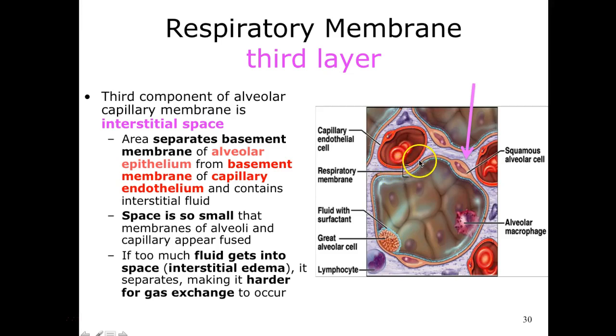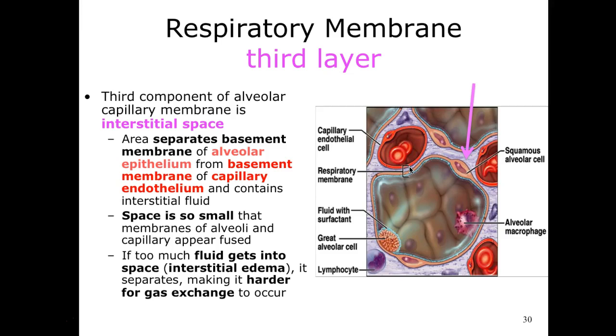So it's just the very edge here of each of those cells. And it's also going to contain some interstitial fluid. This space is really small, right in here, so our membranes of the alveoli and the capillary appear to be fused. You can barely even see this in actuality.